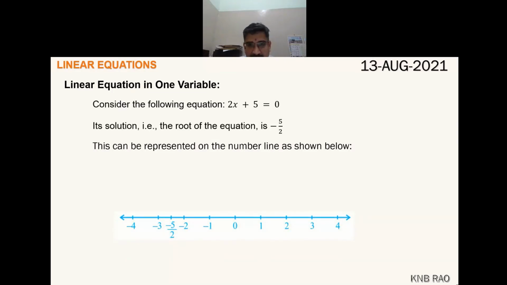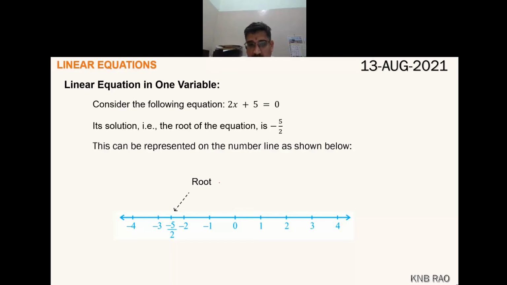You have got a number line taken. On that number line, this minus 5 by 2, which is the value of x, lies in the negative part of the number line, in between minus 3 and minus 2. And this is the root of x.